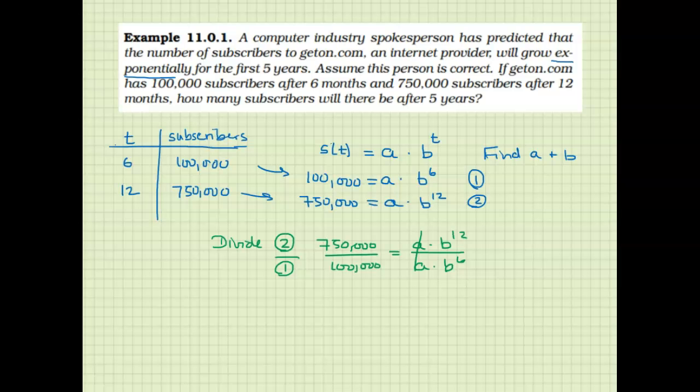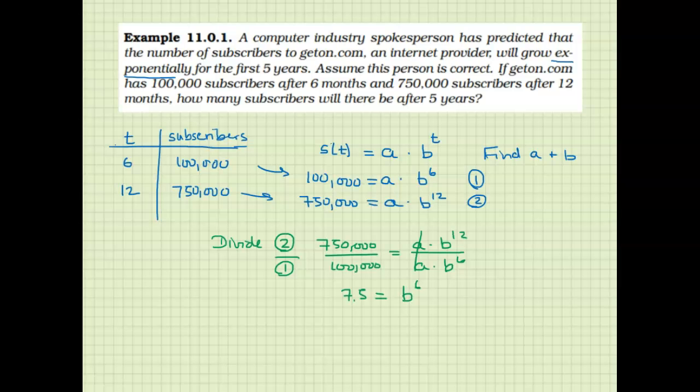Instead of solving for one variable and plugging into the second equation, which you usually do with non-exponential equations, which would have worked here too, this is just a little quicker. So 750,000 divided by 100,000 is 7.5 equals b to the 12 divided by b to the 6, which is b to the 6, because we subtract 12 minus 6.